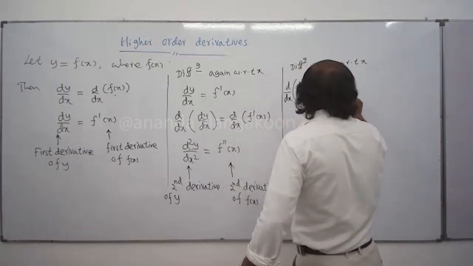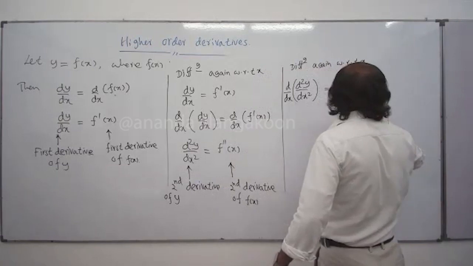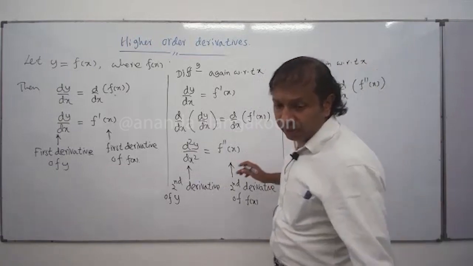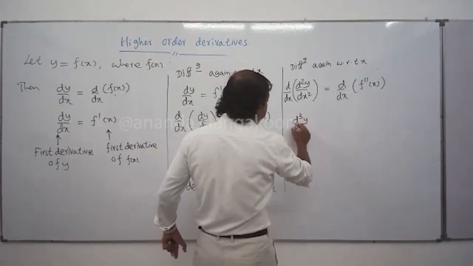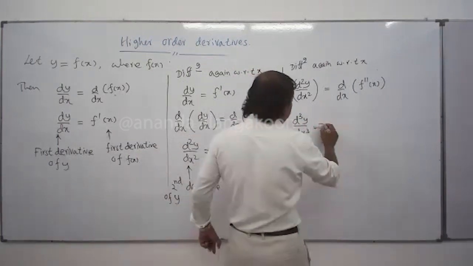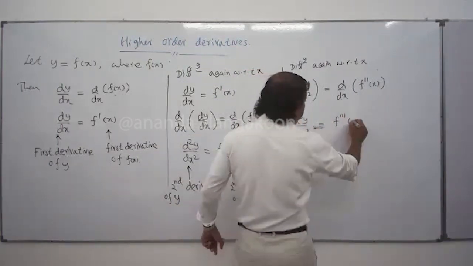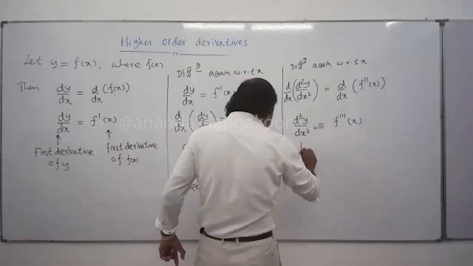Then on the right hand side, d/dx of f''(x). Left hand side, people, we write how? d³y/dx³, third derivative of y with respect to x. The right hand side, we write using the symbol f'''(x), right? So this is the third derivative of y.